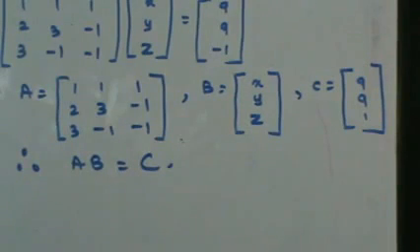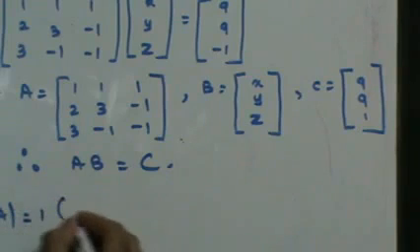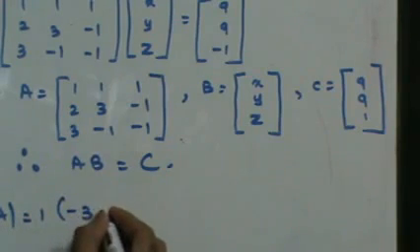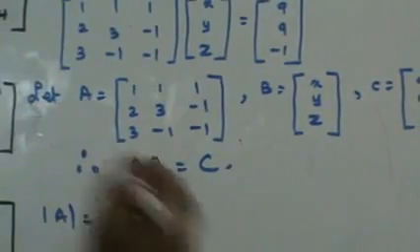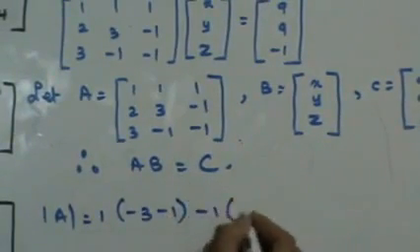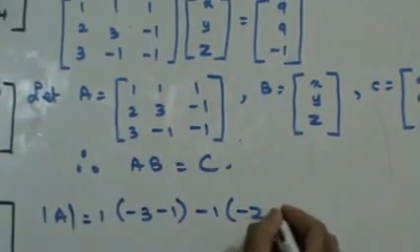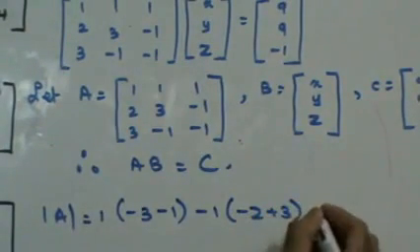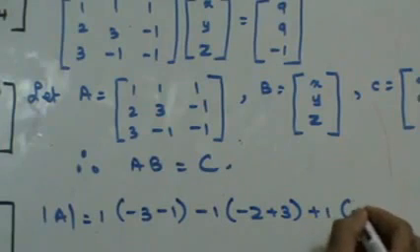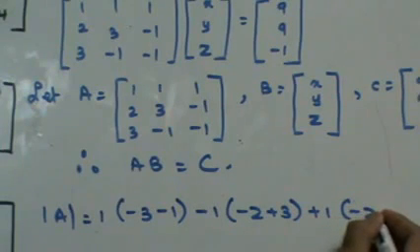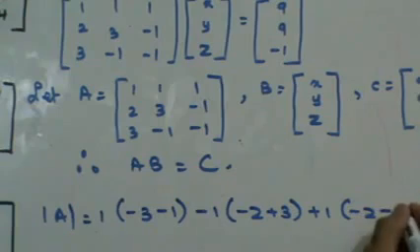Now, let's find out determinant of A. How do I find out determinant of A? This will be 1 into (minus 3 minus 1), minus 1 into (minus 2 plus 3), plus 1 into (minus 2 minus 9).